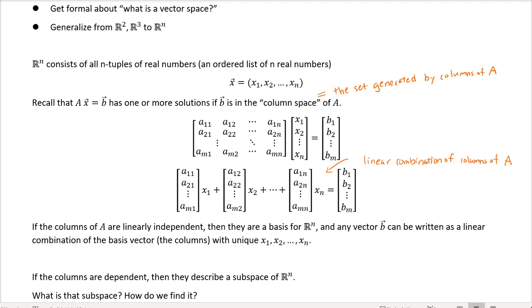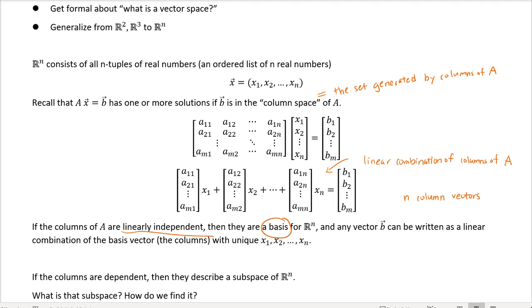Okay. So if the columns of A are linearly independent, then how many column vectors are there? We have n column vectors. That corresponds to the number of unknowns, right? So if those n vectors are linearly independent, then they form a basis for Rn.